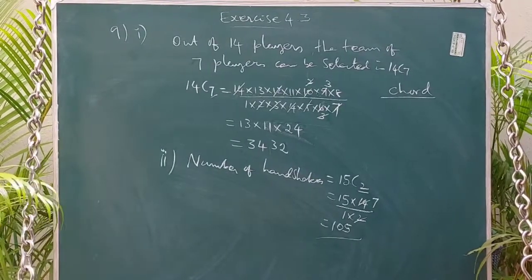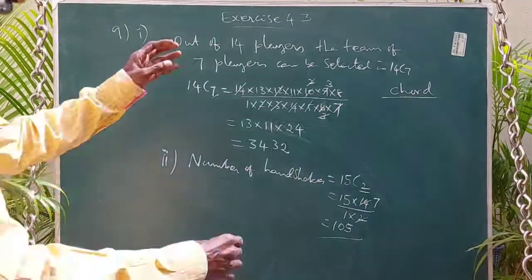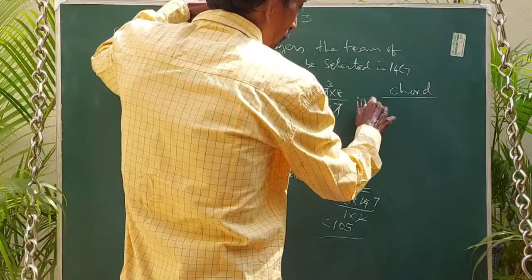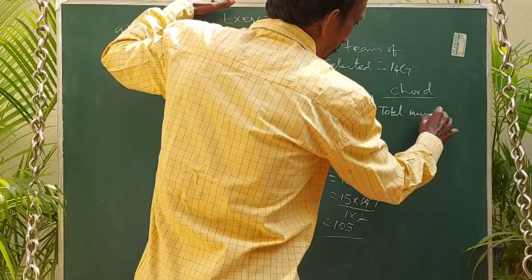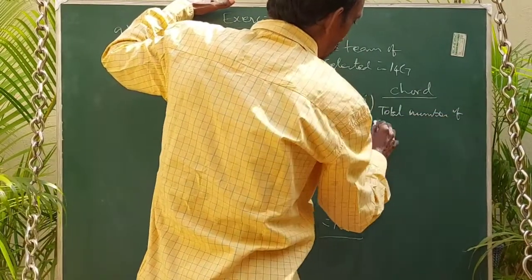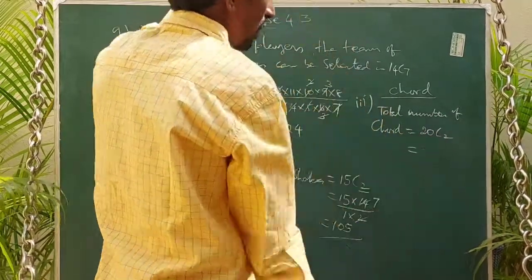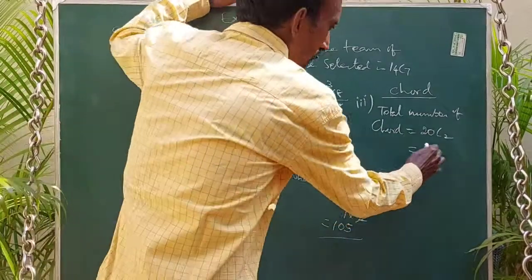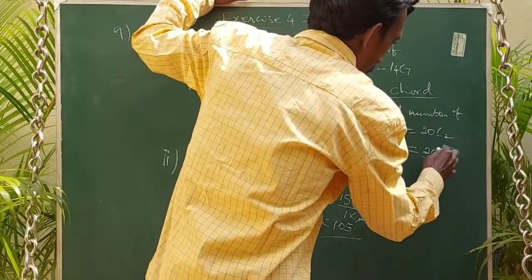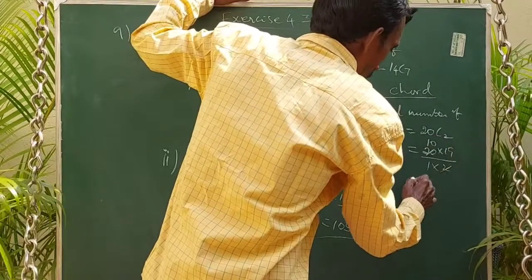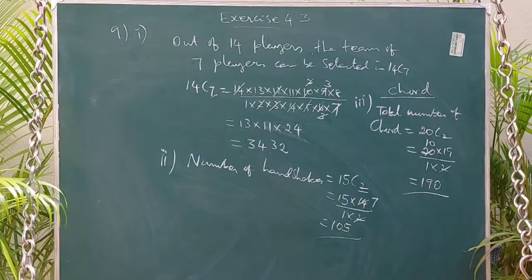So given that there are 20 points in the circle, therefore subdivision 3, total number of chords is equal to 20C2. That's all. 20 into 19 by 1 into 2. So 10, we are getting 190. So that is subdivision 3.